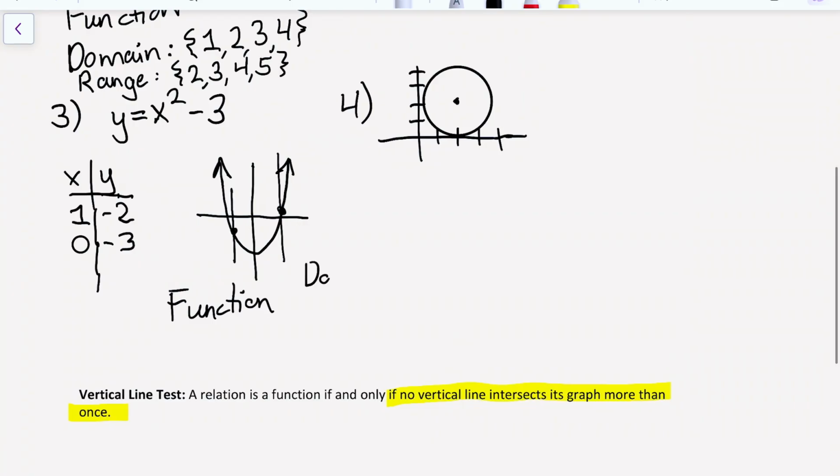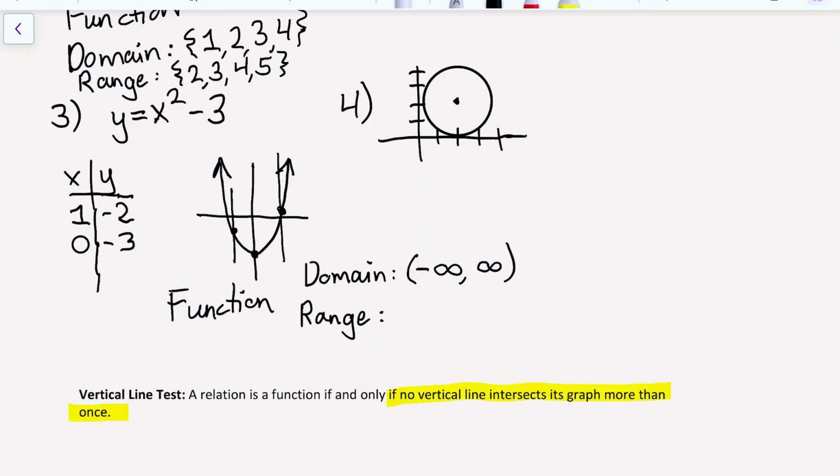The domain of this relation is actually all real numbers. We're going to write that in interval notation, thinking of the number line from negative infinity to positive infinity. You could plug any x value into this equation and you could get an output value for y. The range of this equation, however, is limited, and we can see this from the graph of the function.